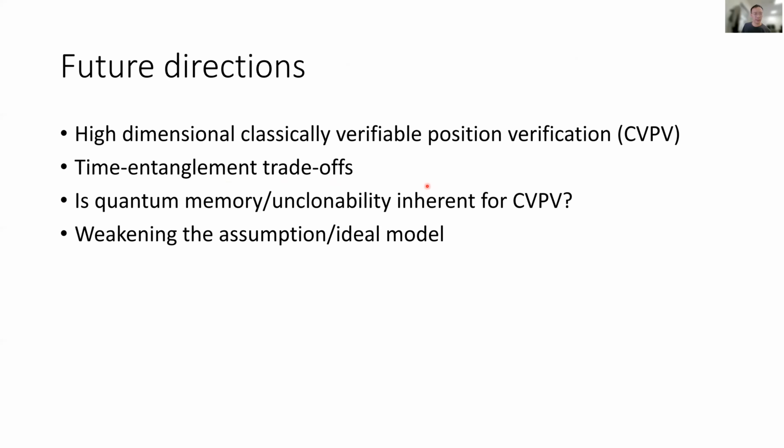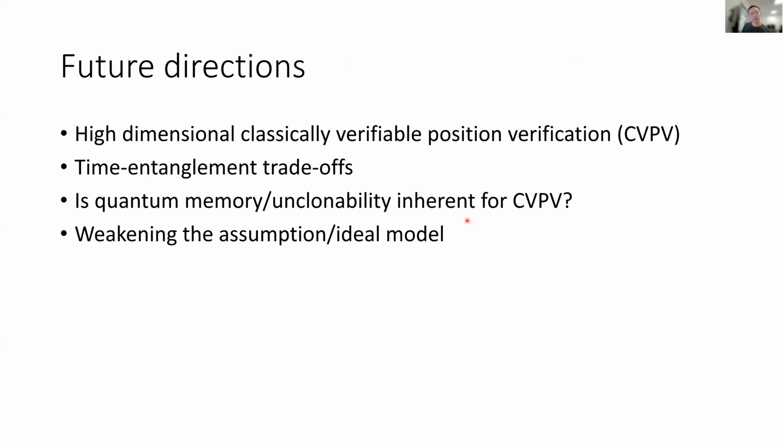And a more interesting question is, for our construction, we used some notions of unclonability, and it seems that as a consequence, the honest prover has to have some quantum memory throughout the protocol, and he has to keep the memory coherent for some time.